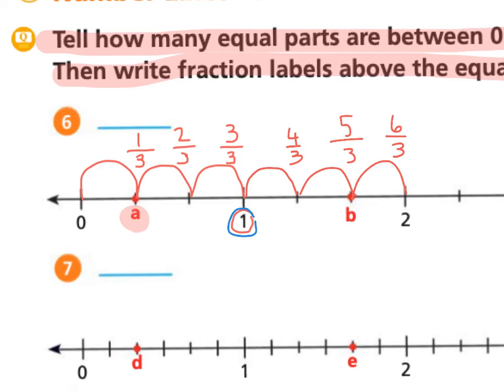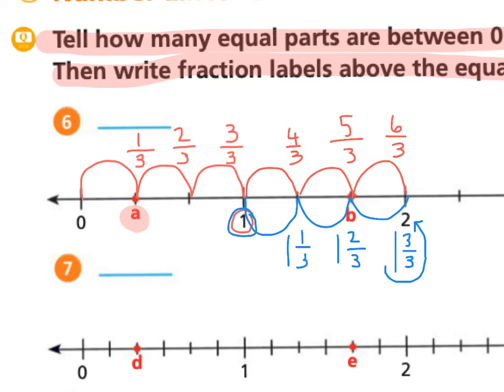I've already hit my 1 whole, so I'm going to go 1 and 1/3, 1 and 2/3, and then 1 and 3/3. 3 can go into 3 one whole time, so 1 3/3 is actually 2. Now I can tell that point B is at 5/3 or 1 2/3.